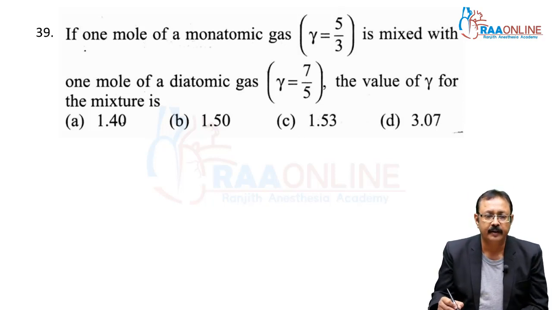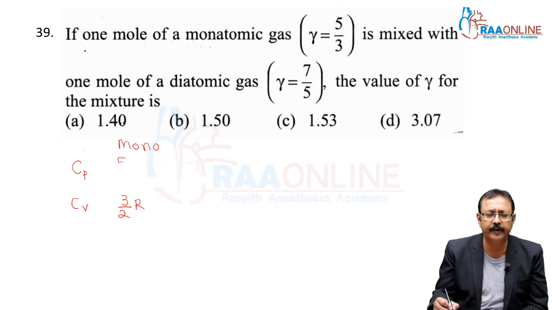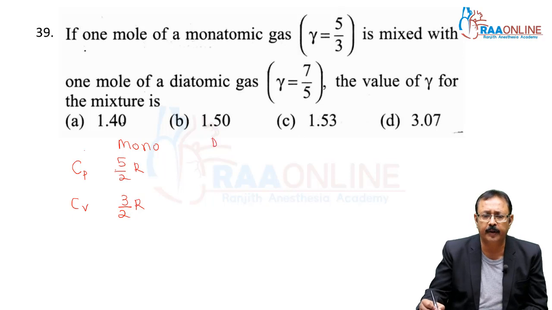We know that a gas has 2 types of molar specific heat, Cp and Cv. For monoatomic, Cv is 3 by 2 R and Cp is 5 by 2 R. For diatomic, Cv is 5 by 2 R and Cp is 7 by 2 R.